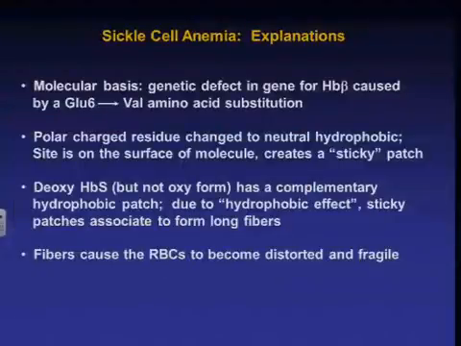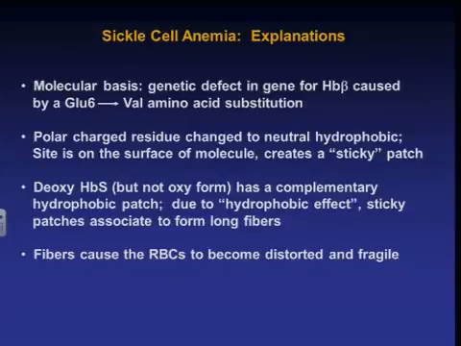Okay, sickle cell anemia. So in the beta chain, you have a mutation. The glutamic acid that is normally at position 6 has been converted to a valine. So in problem sets, we'll say, which of these are going to be the least dramatic changes on function or most dramatic.